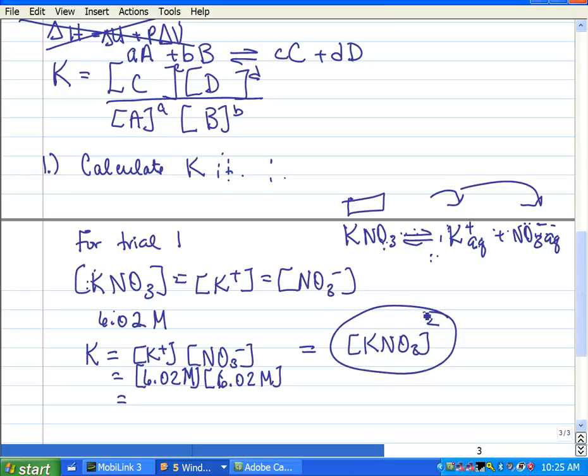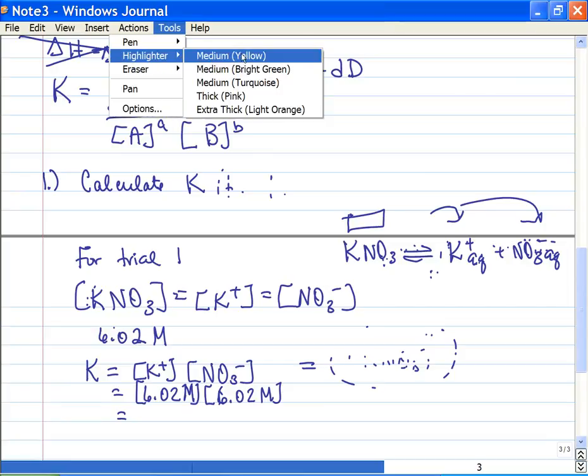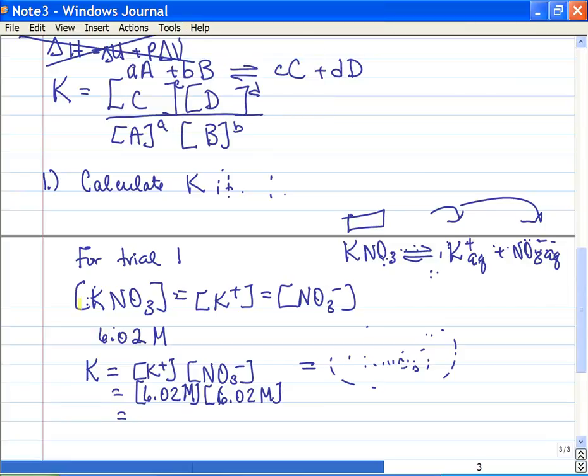So when you have in your equilibrium constant expression potassium ion times nitrate ion concentrations, it's the same thing as just saying KNO3 squared.